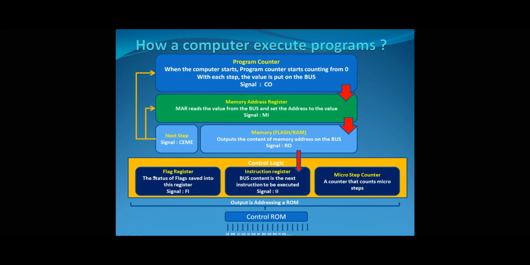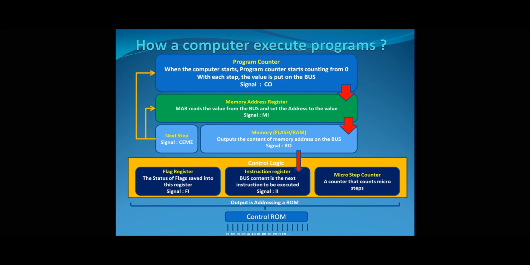Otherwise, if we don't save them in a register, because our program is executing back to back and it's going to go to the next step, we're going to lose the status of those flags at that moment. So let's say that we have done an operation in the ALU, and now we set the negative flag to 1.